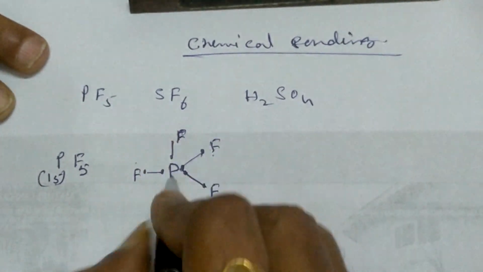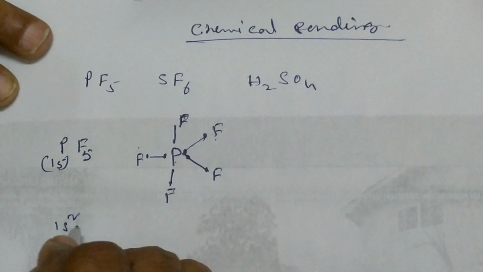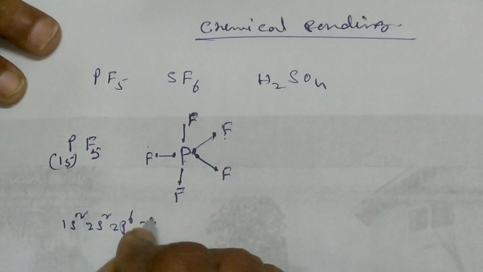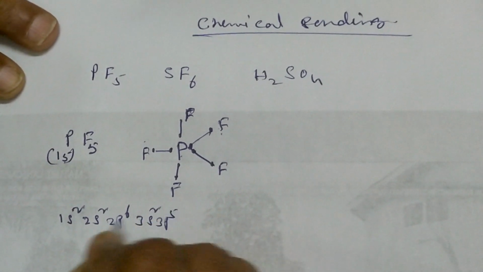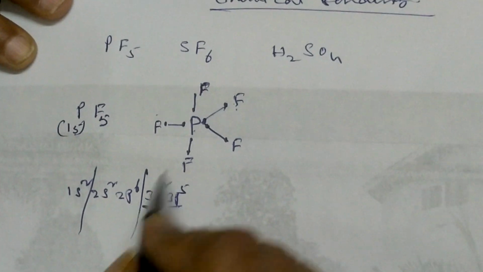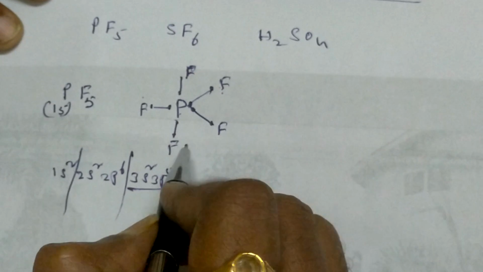But if you see phosphorus, what is the electron structure? 1s2, 2s2, 2p6, 3s2, 3p5. These first two shells are internal, and we say the last 5 electrons are okay. But what is happening? 5 plus 5, 10.